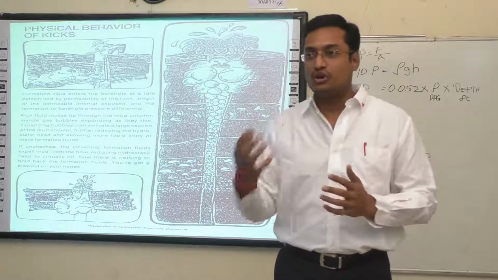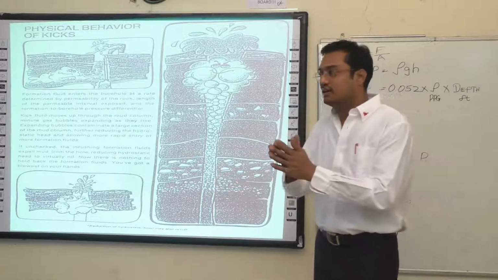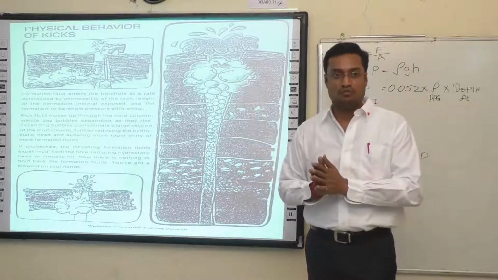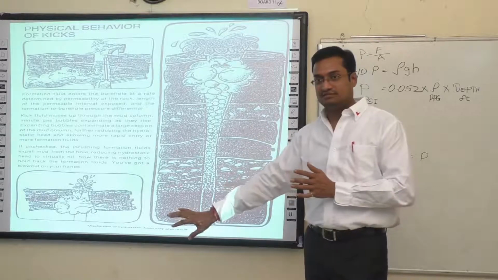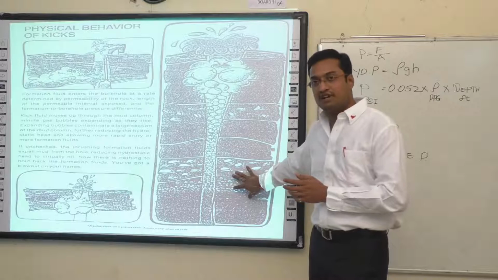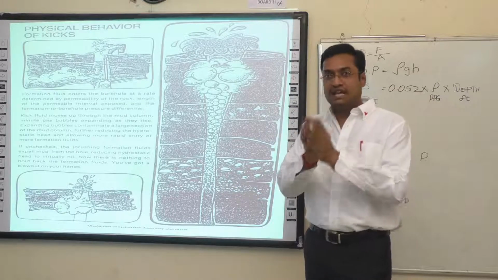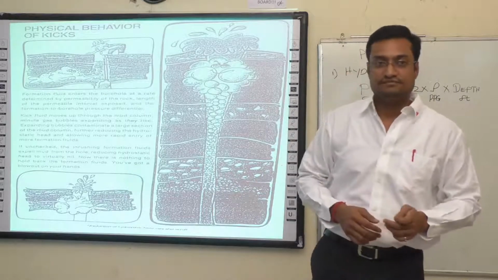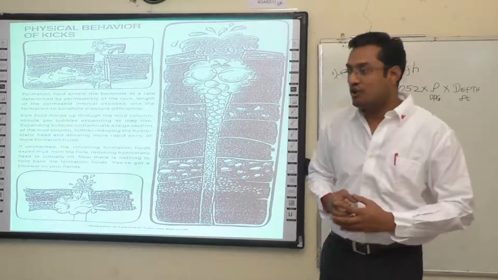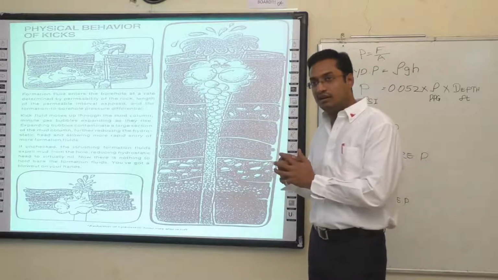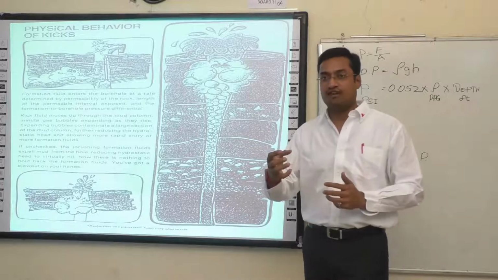You know about your child how it is going to behave, but someone else will not know. Kick is a kick. So it is the same behavior. How is this kick going to behave when it enters into the well bore? So you have to have knowledge not only about the kick, you need to know how it will behave.